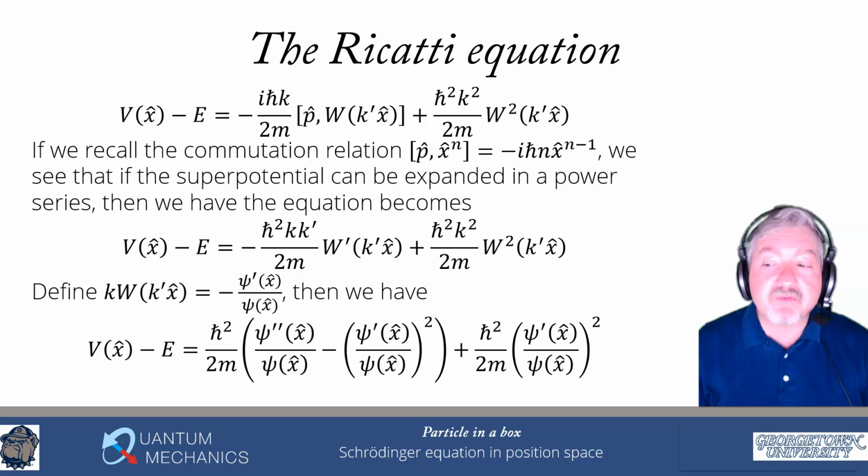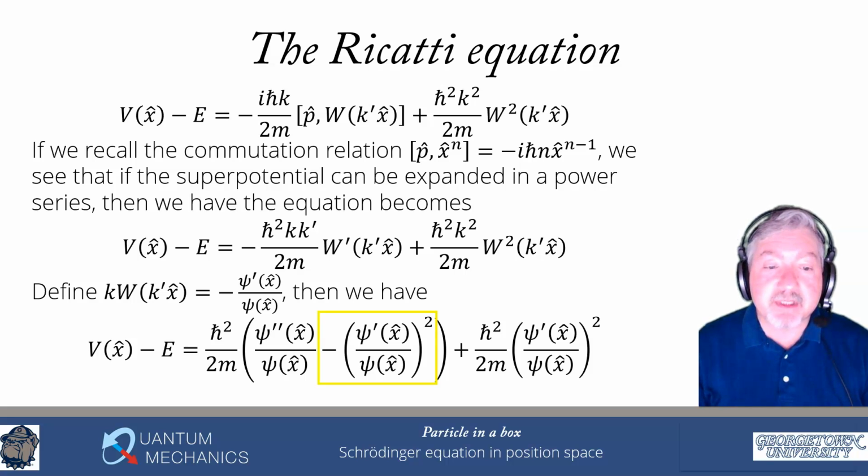Then when I take the derivative of this, when I take a derivative of the numerator, I'm going to get minus psi double prime of x over psi of x. And then when the derivative hits the denominator, I'm going to get minus psi prime of x, or that'll become plus psi prime of x over psi squared of x times another psi prime of x from the chain rule.